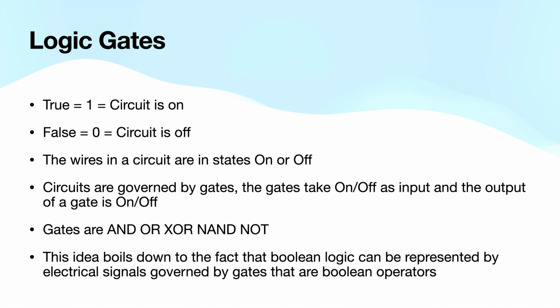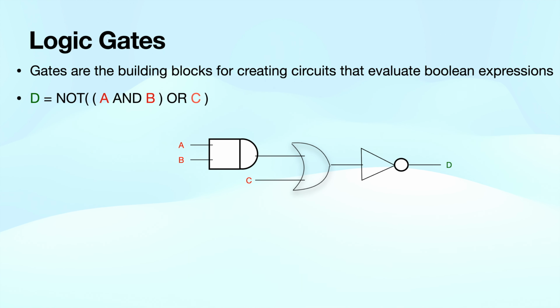So AND, OR, exclusive OR, NAND, NOT. This idea boils down to the fact that Boolean logic can be represented by electrical signals governed by the gates that are Boolean operators. These operators, these are the gates, and they govern the circuit. So here's an example of one.